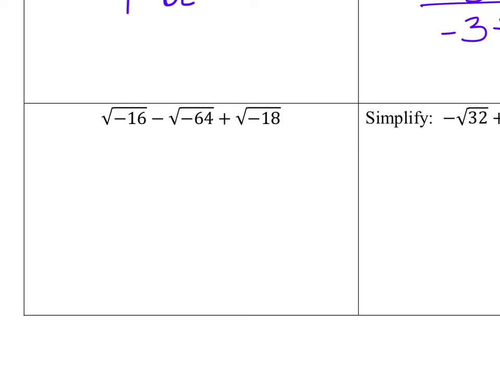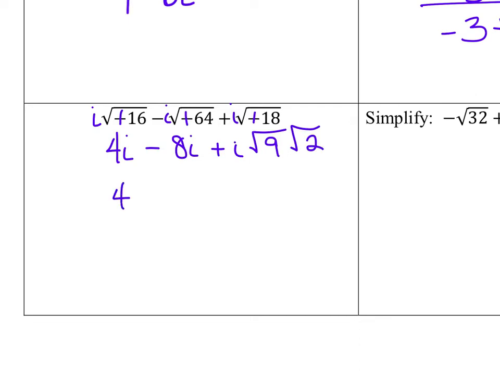All righty. So we got to reduce these. So this would be 4i minus, there's 64. So again, that's 8i. Now this one is not a perfect square, so I need to reduce it. So perfect square is 9, not perfect square is 2.